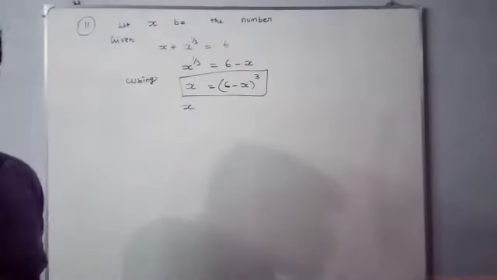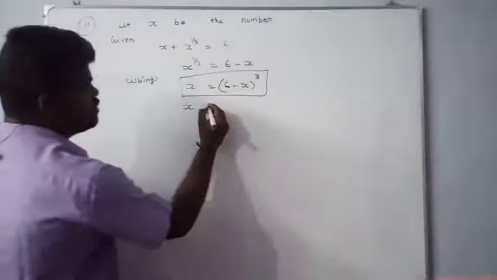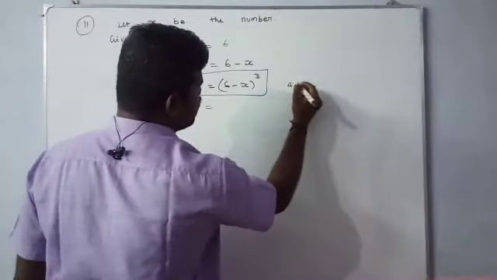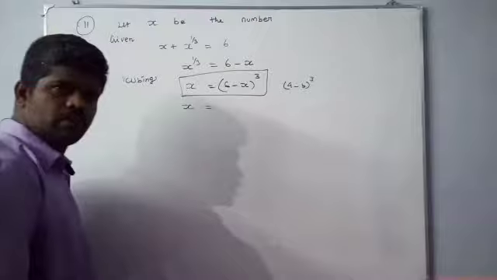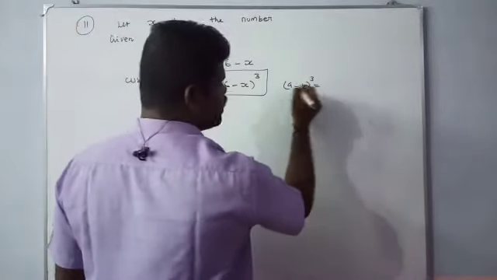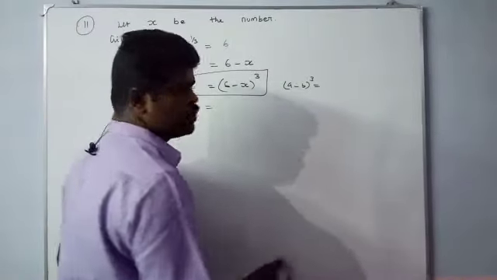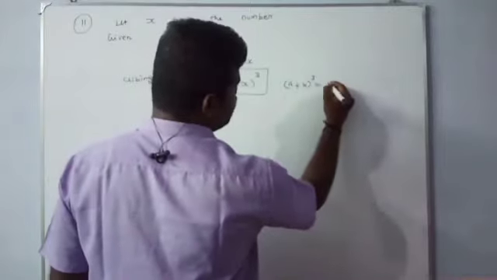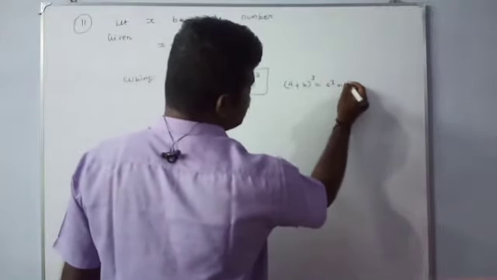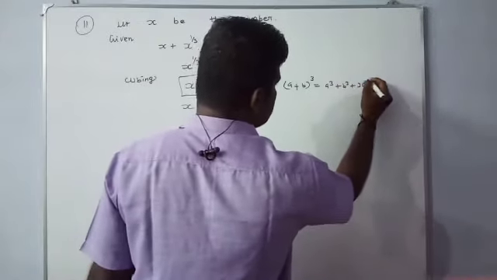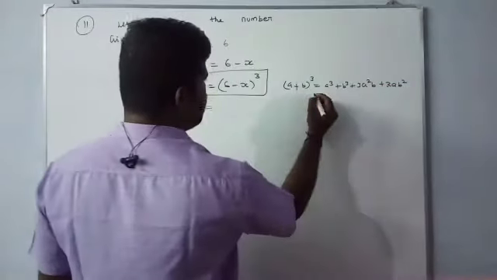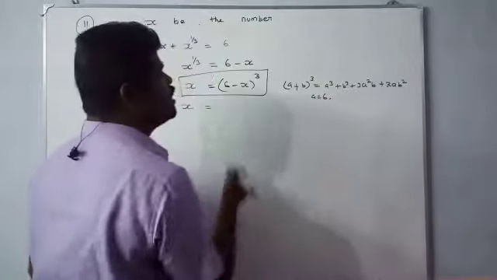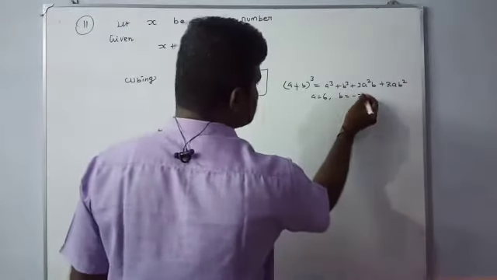Complete mathematical formation needed. So x is equal to, this is the formula for a minus b whole cube, or you can write a plus b whole cube. A plus b whole cube is equal to a cube plus b cube plus 3a square b plus 3a b square. Here a value is 6 and b value is minus x only.